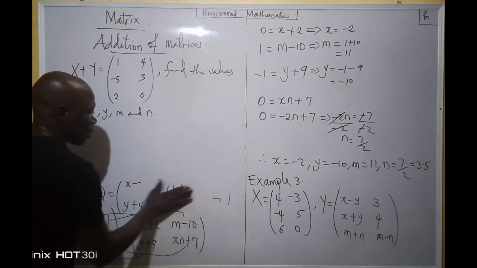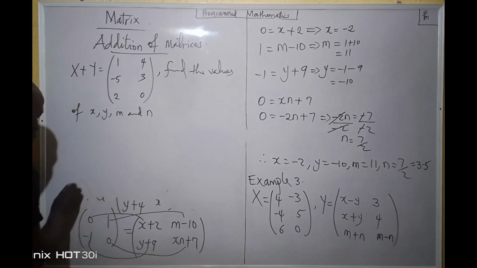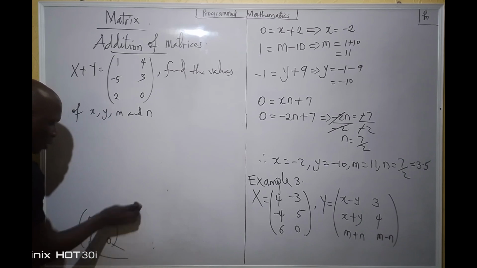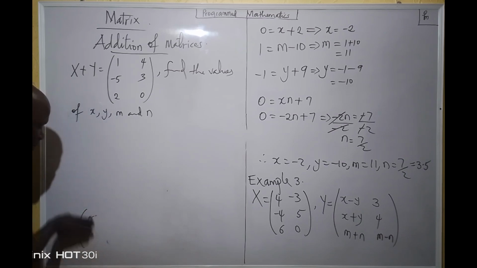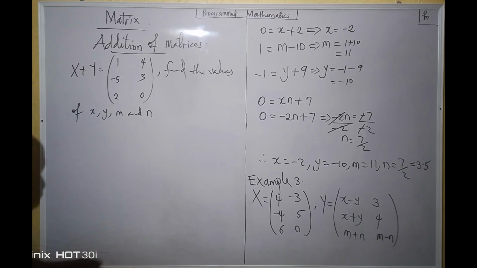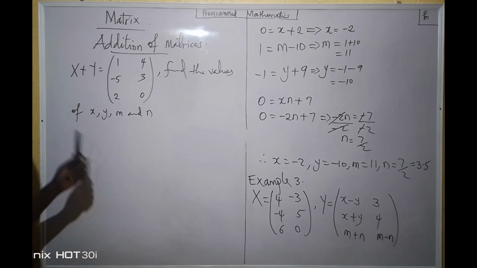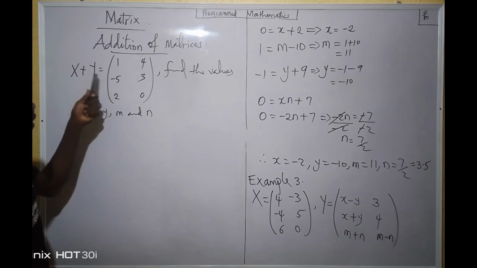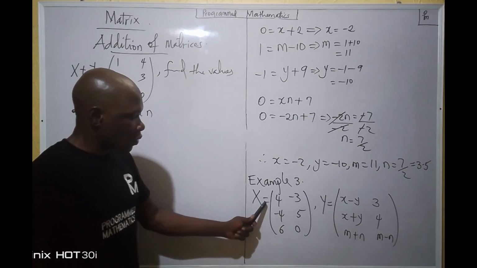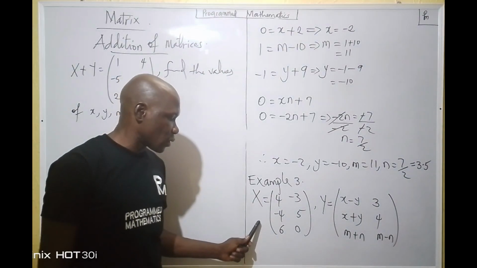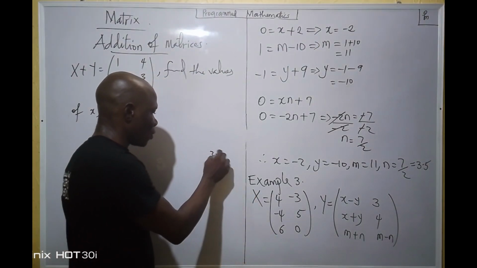Okay, so now let's see how we solve this problem. Now don't forget, I've said there's no rule that says the matrices must be square matrices. The most important thing is the dimensions are the same. This matrix X here has 3 rows and 2 columns. So the order of this matrix X is 3 by 2.